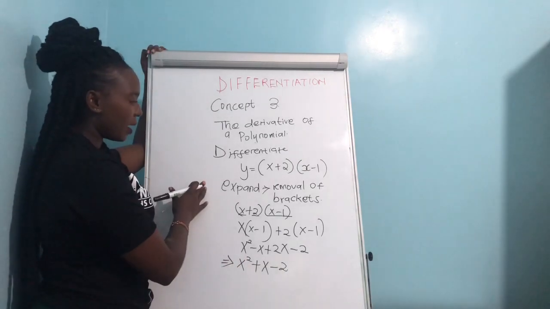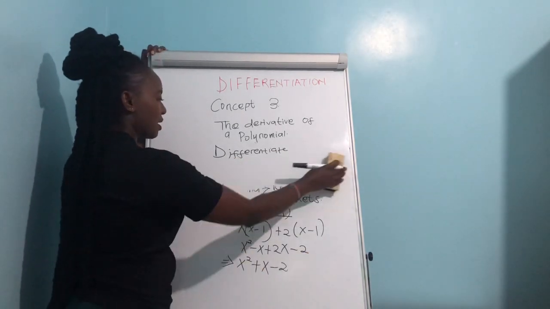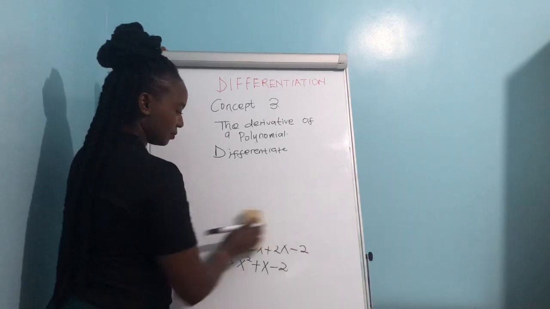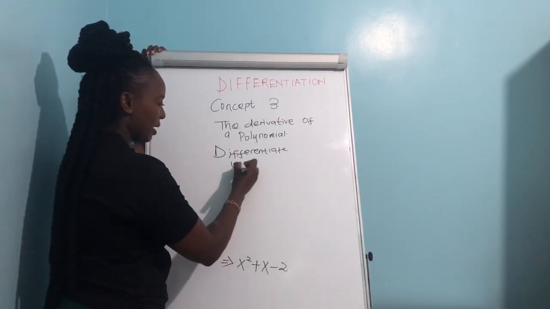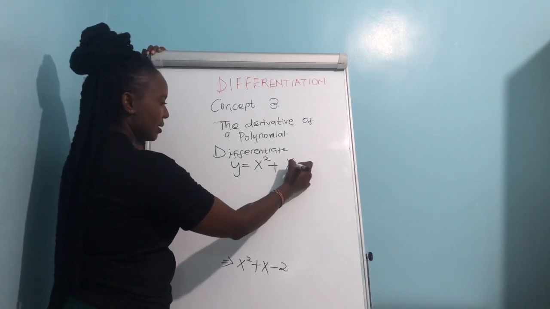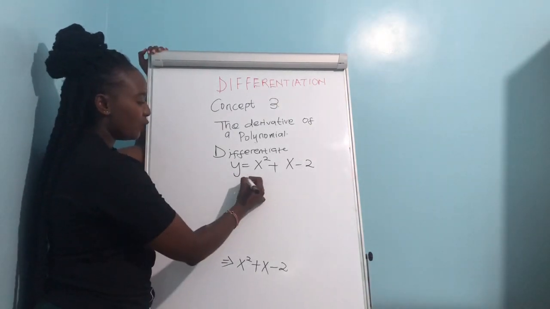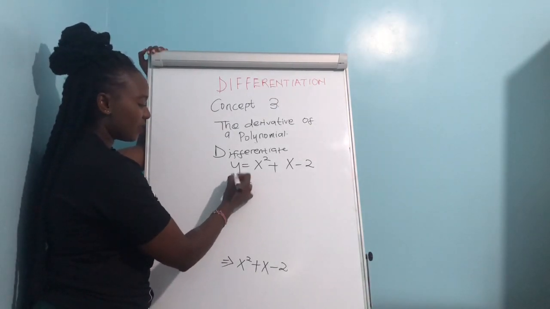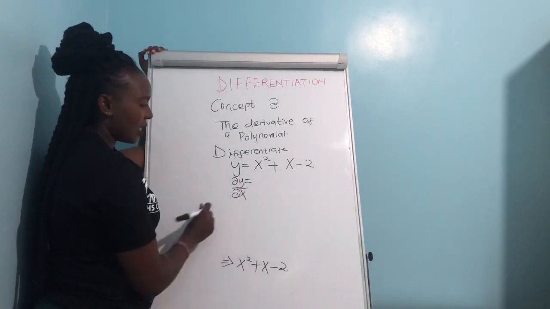So now we come back and differentiate it. So our y is equal to x^2 + x - 2. Once you have it in that state, you now differentiate, the derivative of y with respect to x.